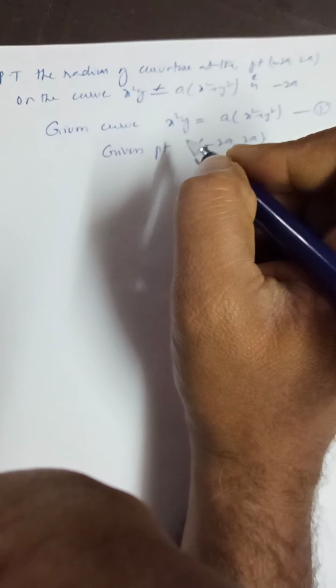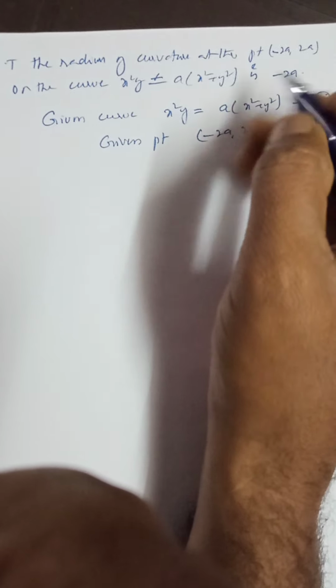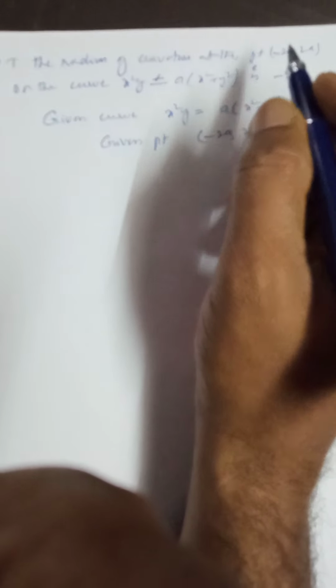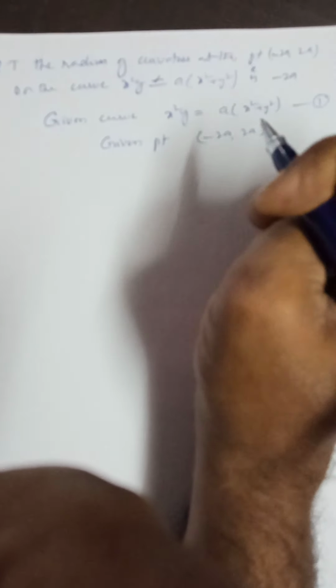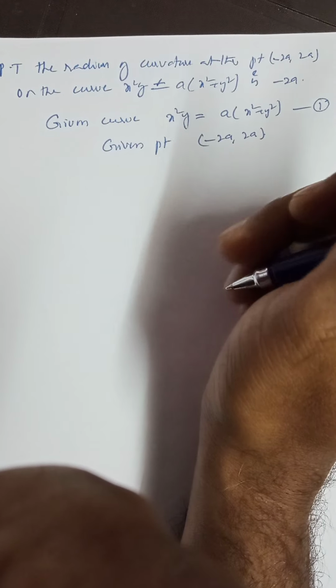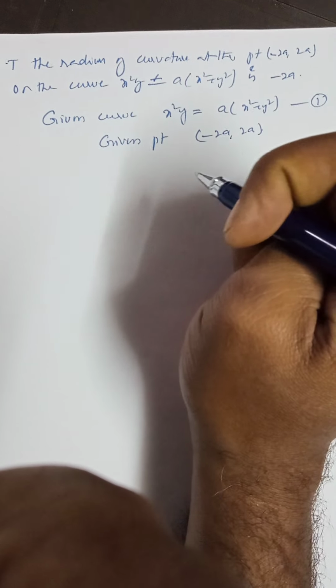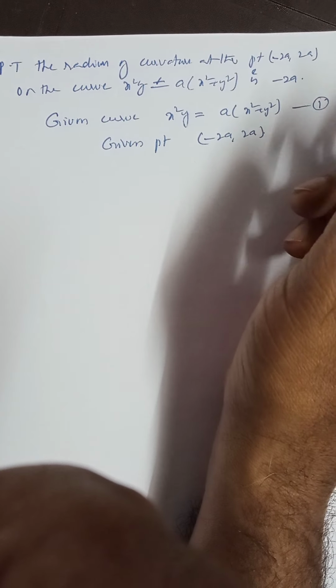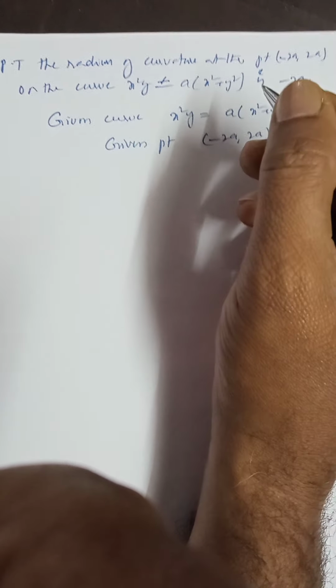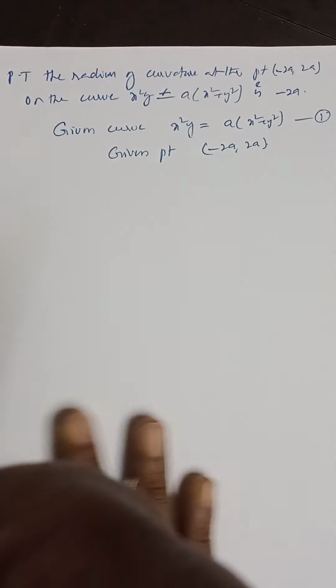Now what do we have to find out? We have to find the radius of curvature. What is the radius of curvature formula? It is (1 plus (dy by dx) whole square) whole to the power of 3 by 2, divided by d square y by dx square. If the given equation is in Cartesian form, then we have to use that formula.